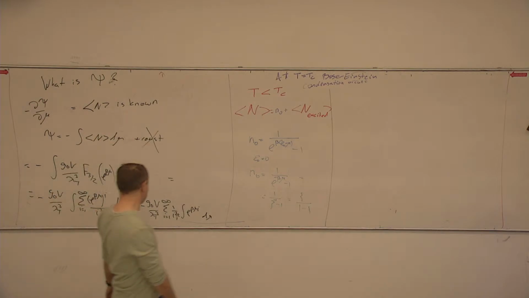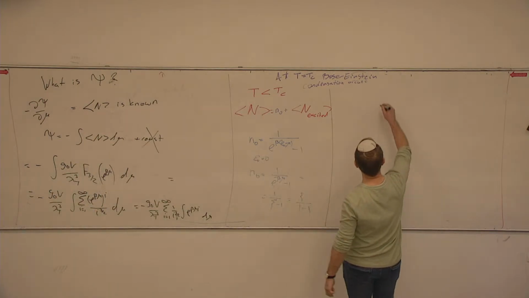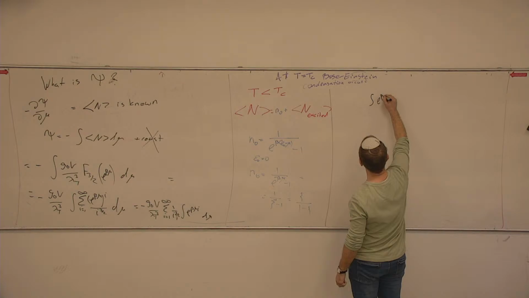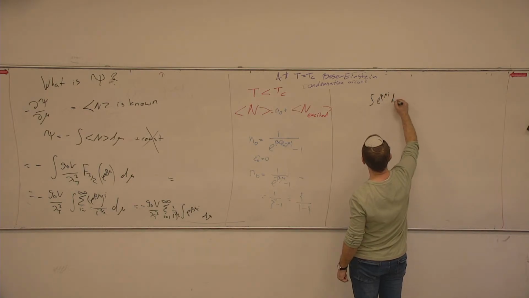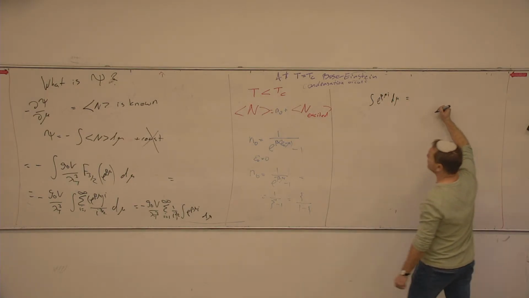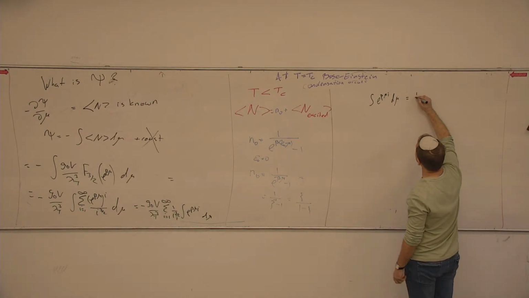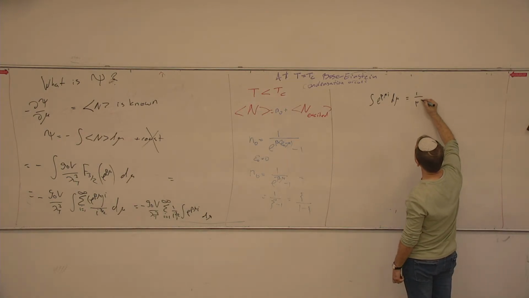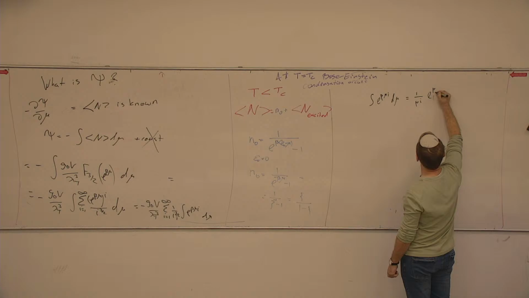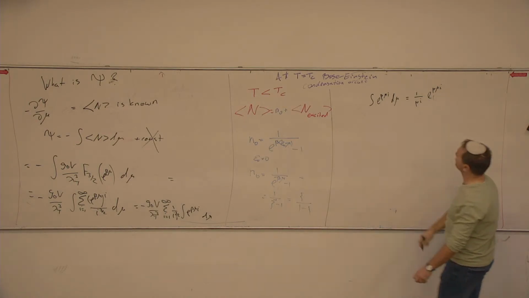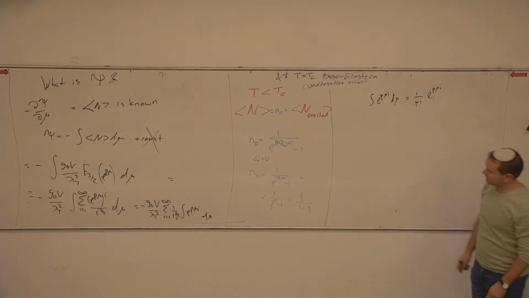So the next step, what is the integral of e to the power beta mu i d mu? It is 1 over beta i multiplied by the exponent e to the power beta mu i. Okay, so I plug it inside.